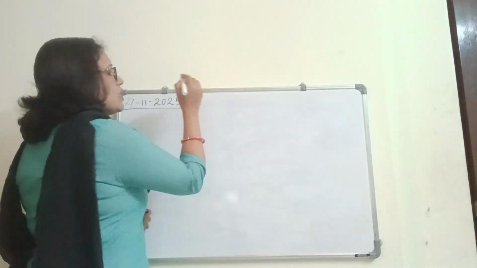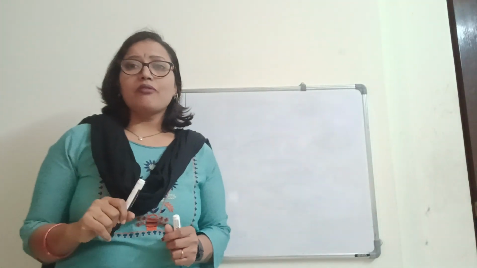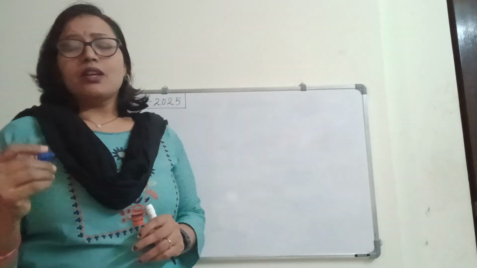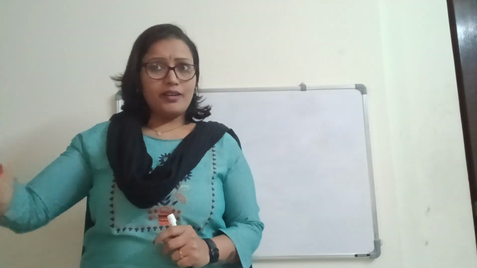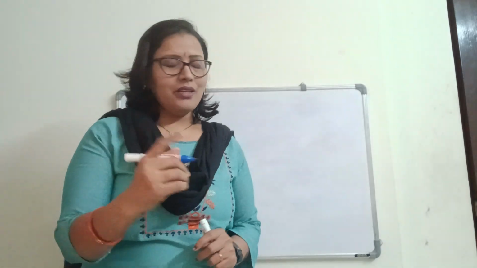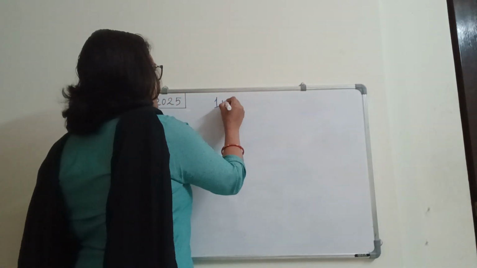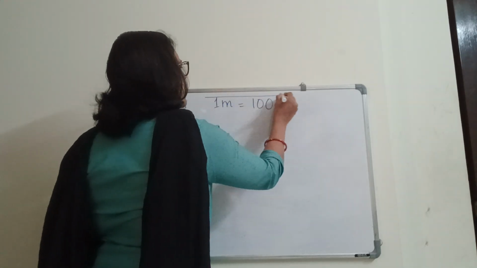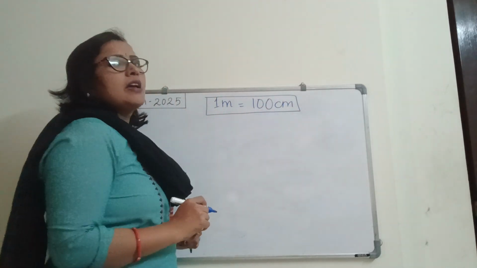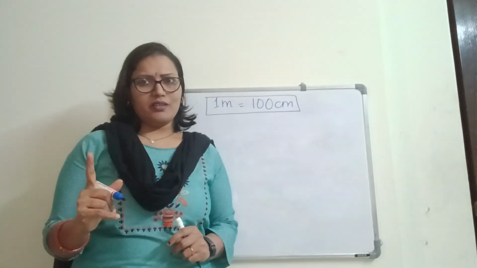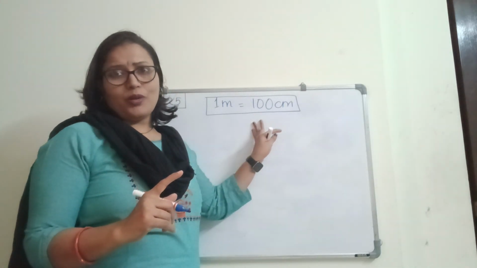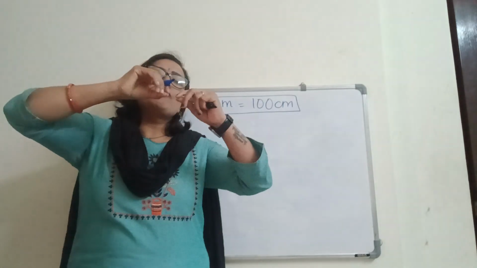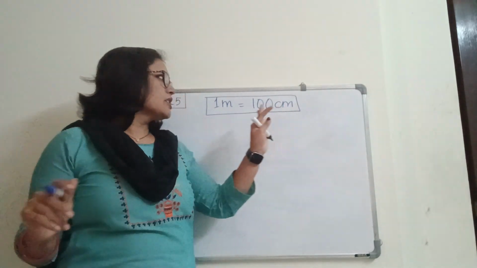Before going ahead, we will see the relation between meter and centimeter. When you take 1 centimeter, 2, 3, like that till 100, that 100 centimeter makes 1 meter.